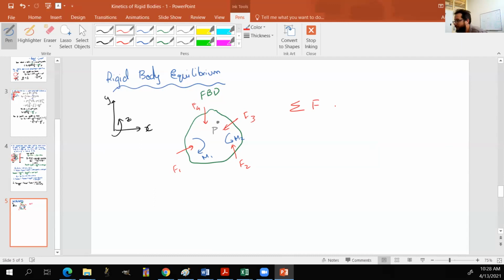What's the sum of all forces equal to? MA. No, 0. Oh. Static equilibrium, right? And then all the moments about the point P, right? Remember, the moments about the point P is the sum of all the physical moments that act on the body plus the moments that are created due to the forces about the point P, right? You have to consider all moments. And that's equal to 0.